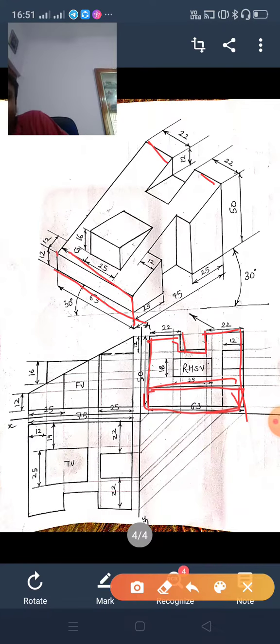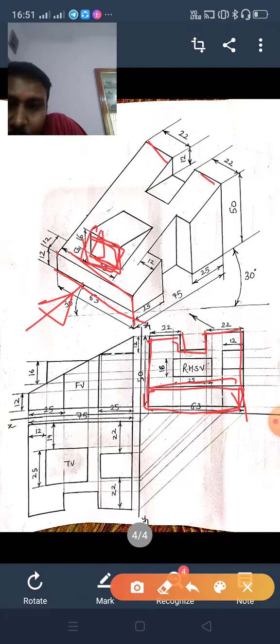Now what you are seeing, this box is also visible from this side, because from this side you are seeing, so this box is also visible, 16 by 25, isn't it? So no problem to measure. Okay, you just project the lines from here, this is the height, you will get this 16 and this is 25.